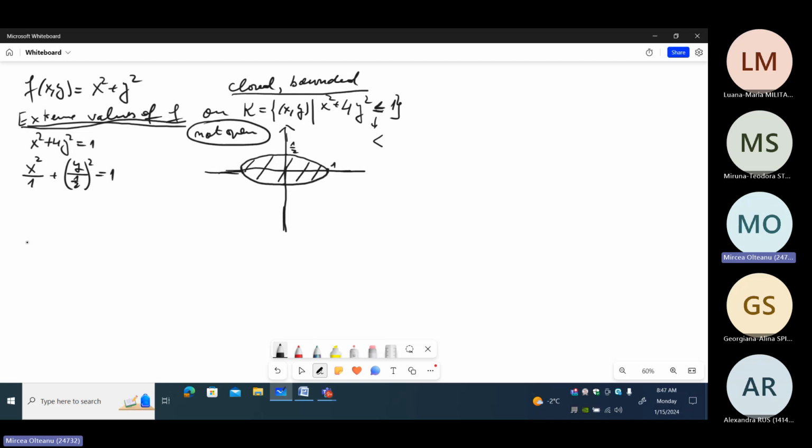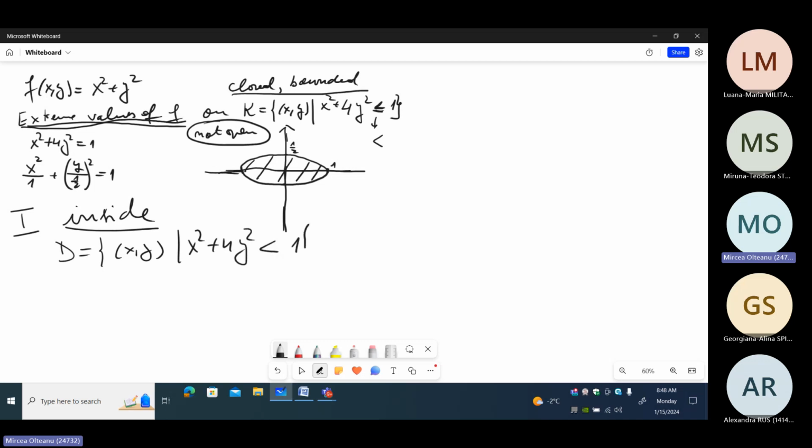So we shall split our problem into two other problems. The first problem is inside. We can also start with the other one, but usually we start inside. Inside means on the set D, which is K without its border, without the ellipse in our case, so strictly less than 1. This is an open set. And here we know how to find the local extrema.